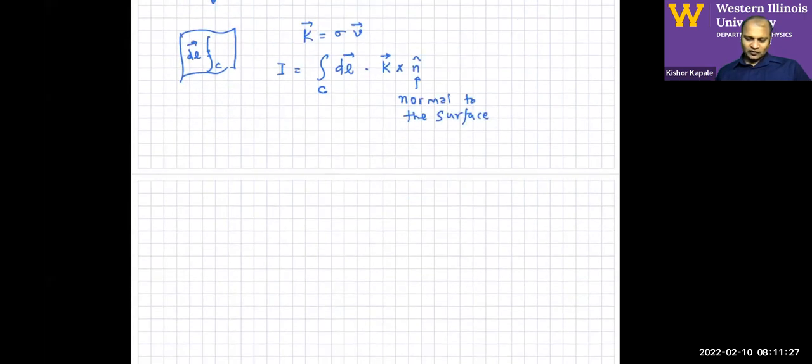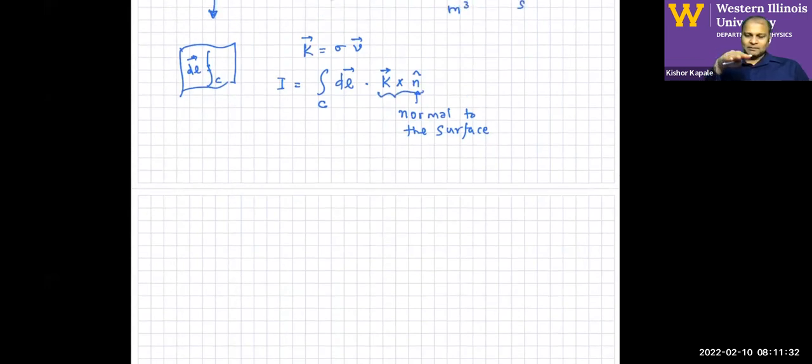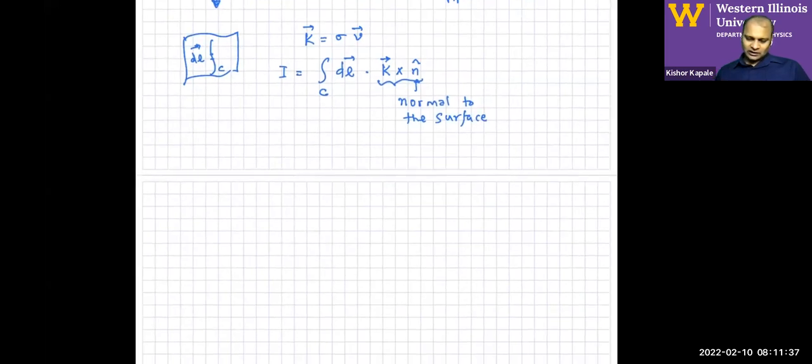Okay, so let's see if you remember your geometric interpretation of the cross product. K is in the plane of the surface and is perpendicular to the normal. What's K cross n hat? The question is, does it lie in the plane or perpendicular to the plane?